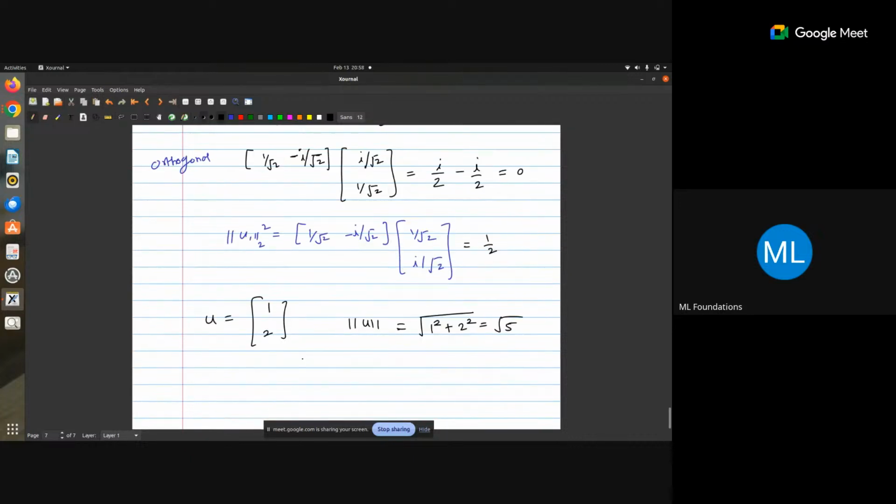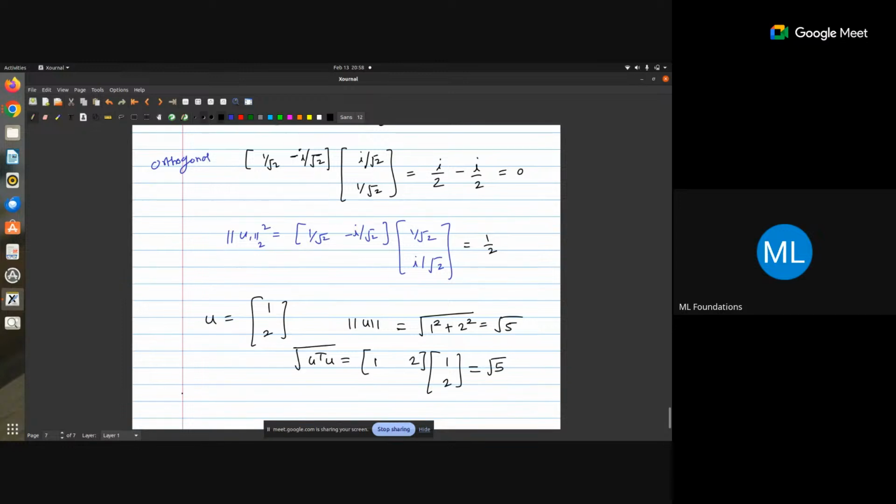But isn't it the same as writing u transpose u? Let's say 1, 2. So u transpose u gives me 1 plus 4, which is 5, but I want its length. So if I take a square root of this, I'll get the same thing, right?